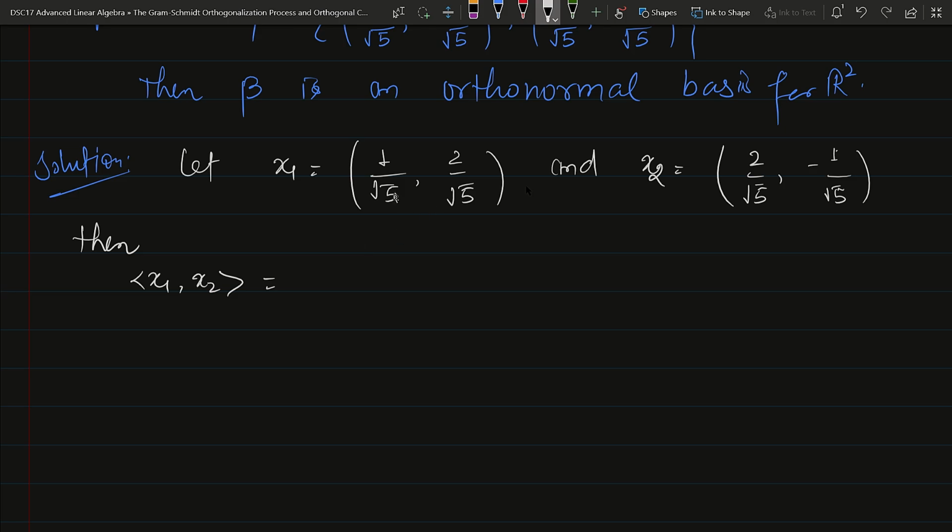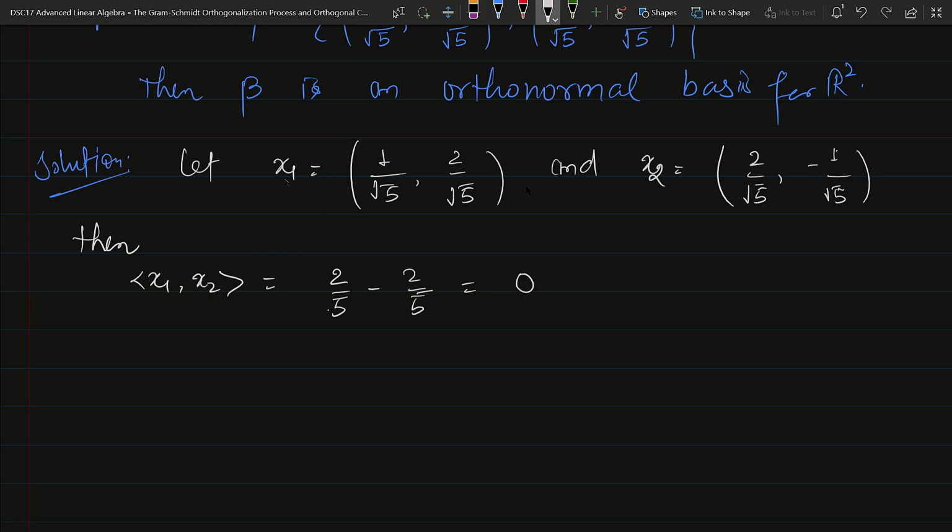So just multiply each element by component wise multiplication. The resultant will be a real number. So it will be 2 by 5, then add this into minus 2 by 5. So this is equal to 0.